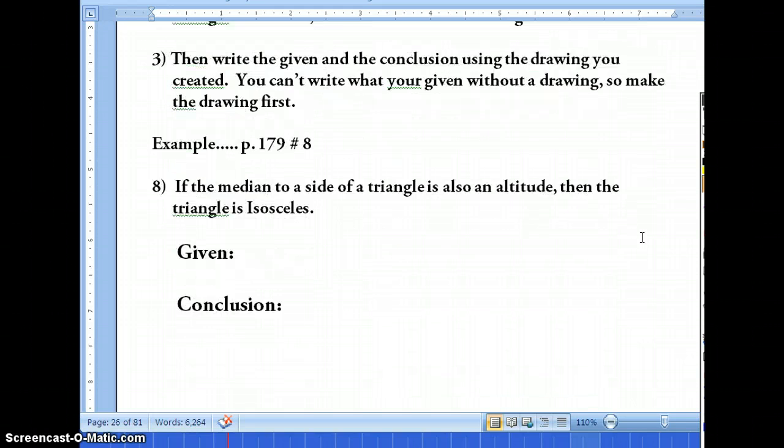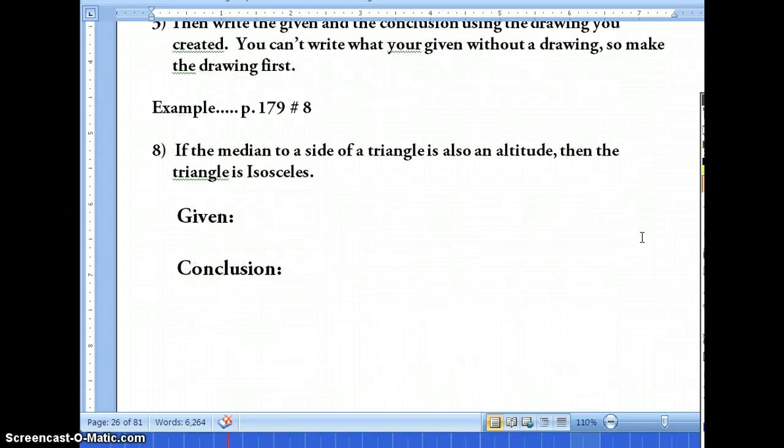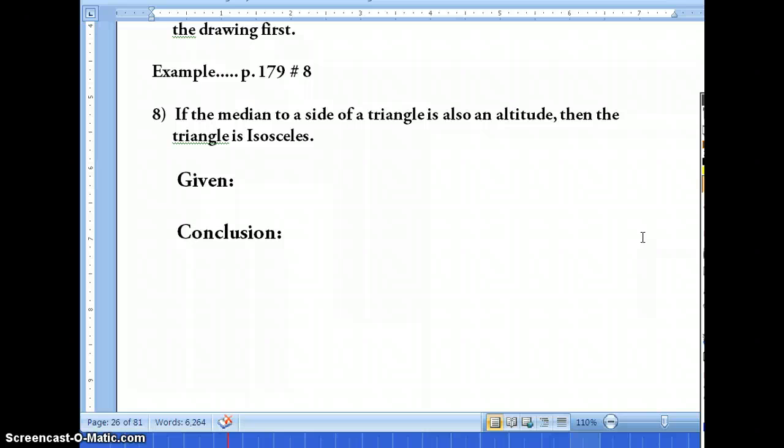Let's take a look at page 179, number 8. It says, if the median to the side of a triangle is also an altitude, then the triangle is isosceles. So that means we are going to have to draw a triangle that is isosceles.